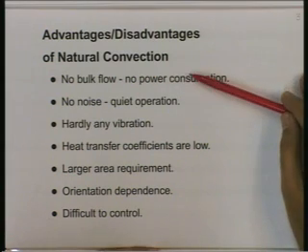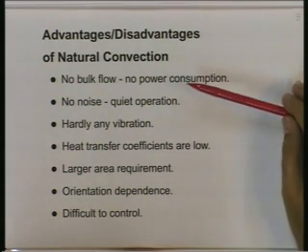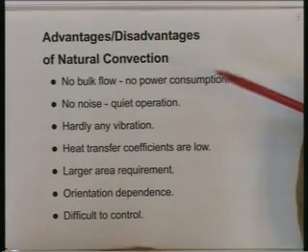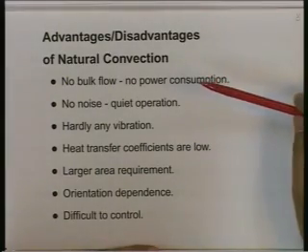Because there is no fluid flow equipment involved, associated with natural convection, there is no noise. The process of natural convection almost invariably proceeds in a quiet fashion. Because there is no bulk flow, there is hardly any vibration associated with flow phenomena or with an equipment nearby.